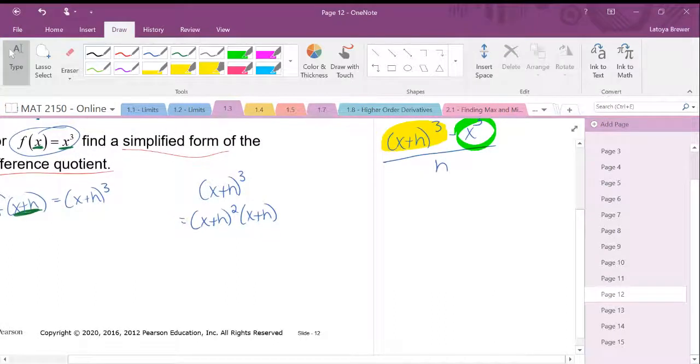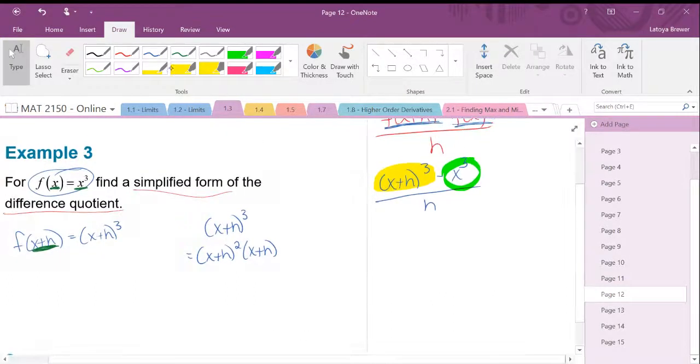So what I've highlighted in yellow over here, I'm bringing that to the side, and I'm going to actually expand that over to the left. And then I'm going to take what I find that x plus h cubed to be, and I'm going to substitute that back into my expression.